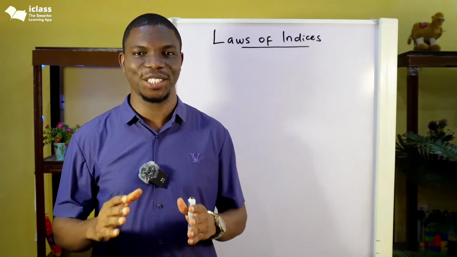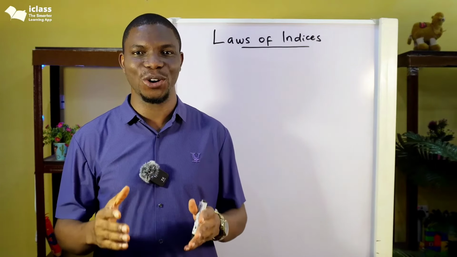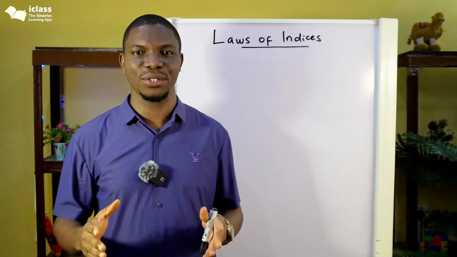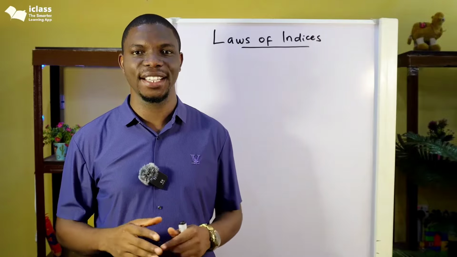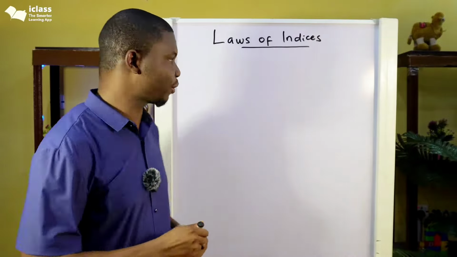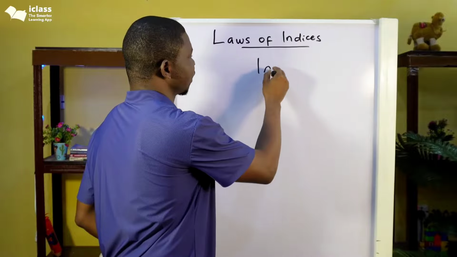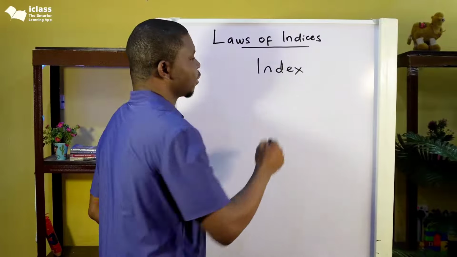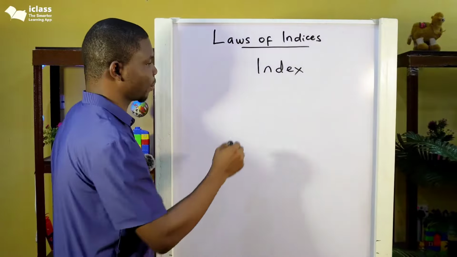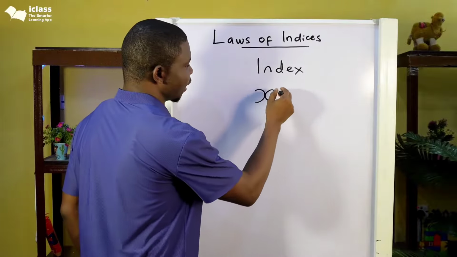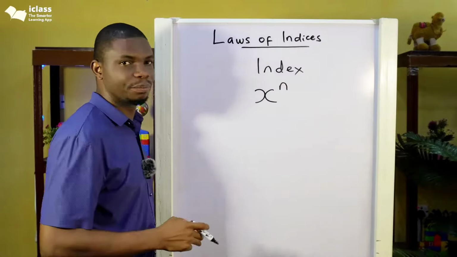Today we'll be looking at an interesting topic, the laws of indices. First of all, what are indices? Indices is the plural form of the word index. A number is written in index form like this. Let's say x to the power n.